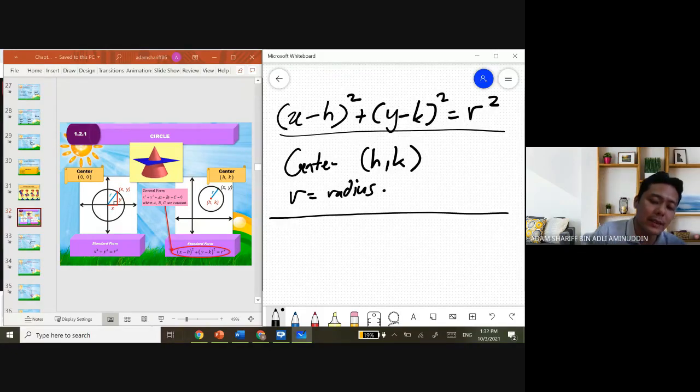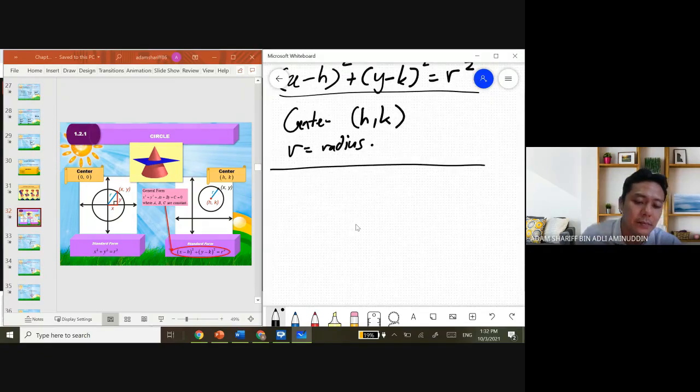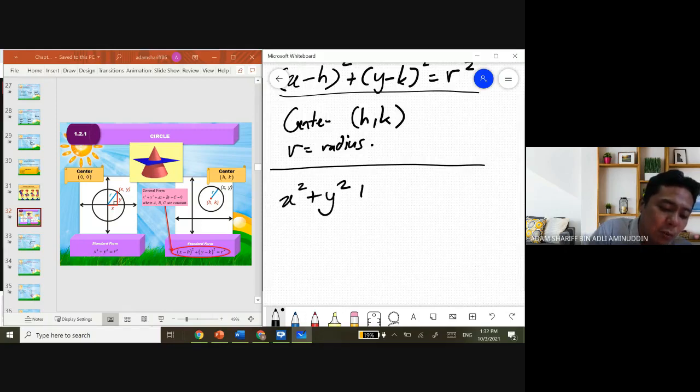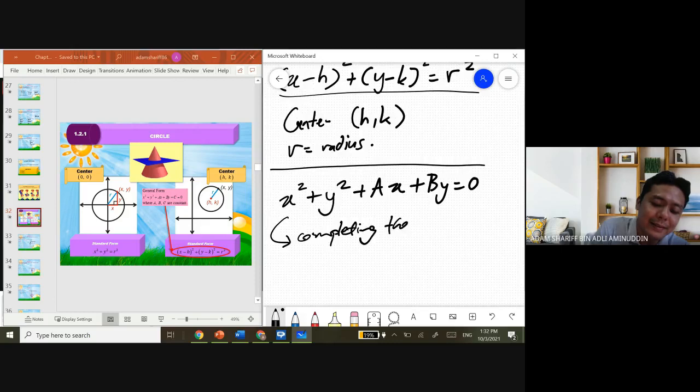It is worth mentioning that in some cases of the question, you get this quadratic form, x squared plus y squared plus ax plus by plus c equals 0, where you need to do the completing the square method so that you can simplify x squared and ax into (x minus h) squared.